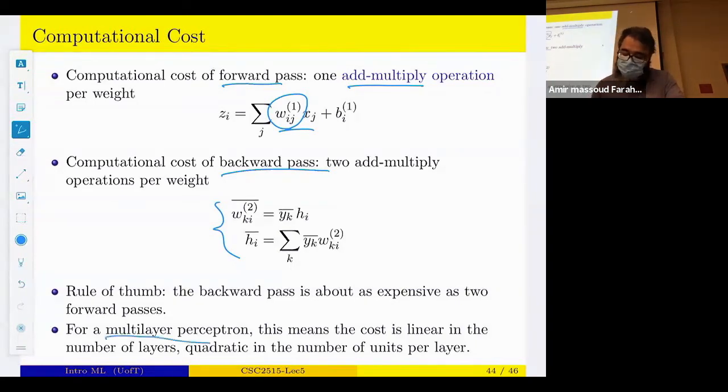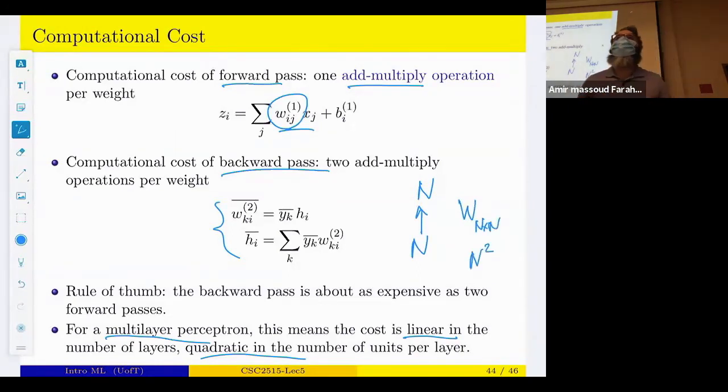Another thing is that for a multi-layer perceptron, this means that the cost is linear in the number of layers and quadratic in the number of units per layer. Why quadratic? Because if you have n inputs and outputs in one layer, your W would be n times n, so you have n squared weights.